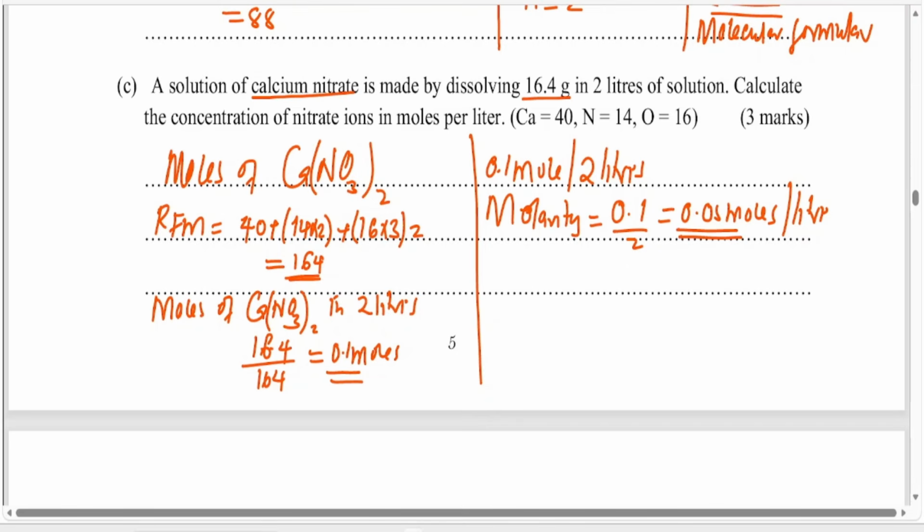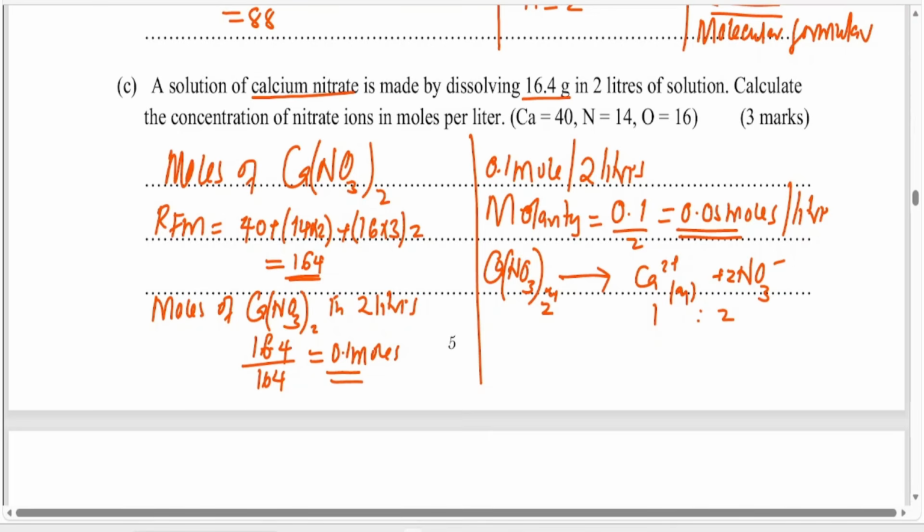If I write the ionic equation for this reaction, calcium nitrate, which is aqueous, dissociates to give us calcium ions, aqueous, plus nitrate ions. You realize that we have 2 nitrates here, so I have to put a 2 here. So according to what I have, it's 1 mole is to 2 moles between calcium ions and nitrate ions.